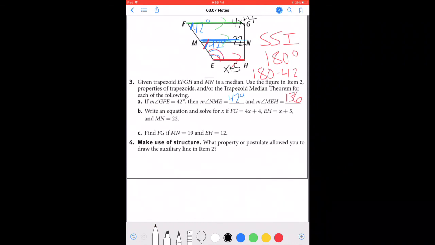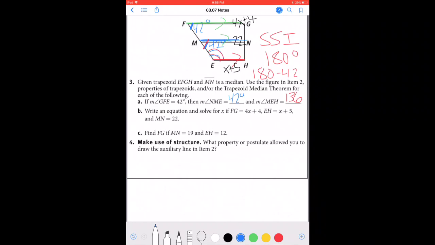If we look back at our trapezoid median theorem, we were given an equation that we can set up, which I'm going to try to save space and not write it and just say it, which would be that the length of our median is the average of our two bases.